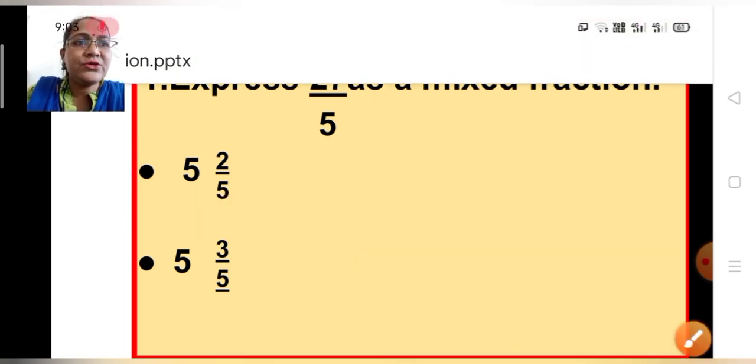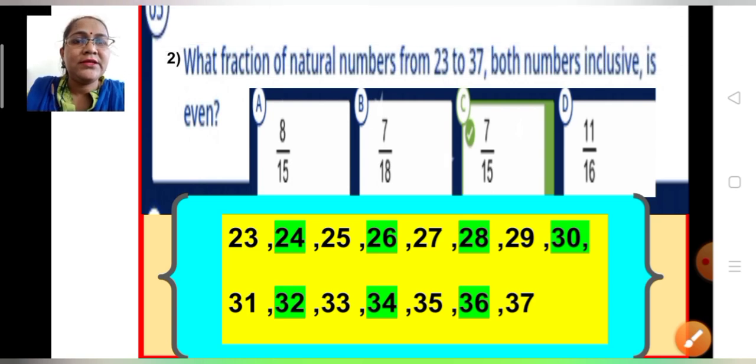Now next question is, what fraction of the natural numbers from 23 to 37, both numbers inclusive, is even? Children, to solve this, first we need to write the numbers from 23 to 37, and we need to write 23 and 37 also, as it is mentioned in the question that both numbers are inclusive.